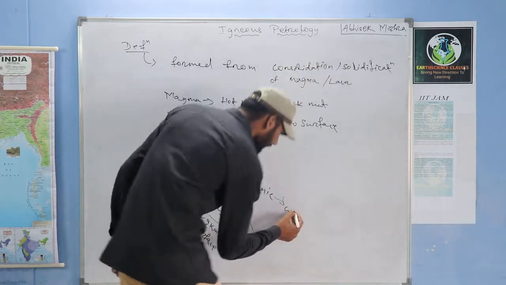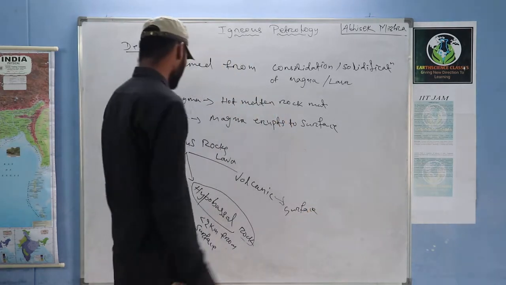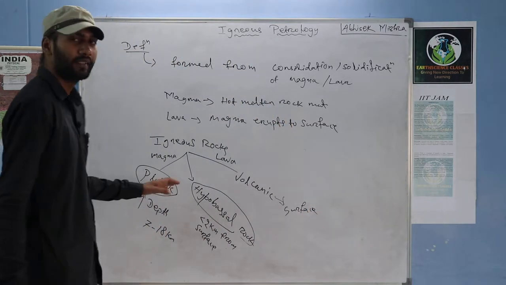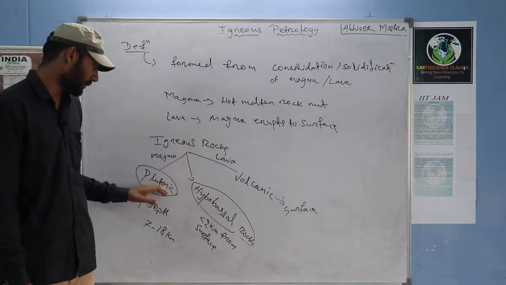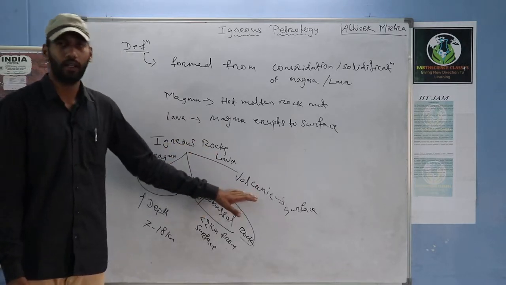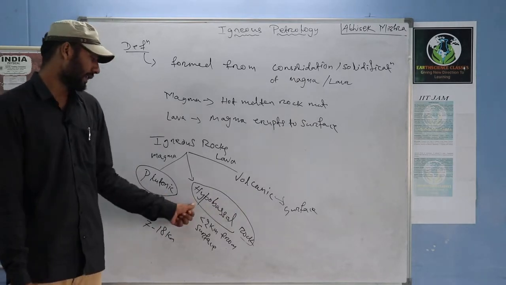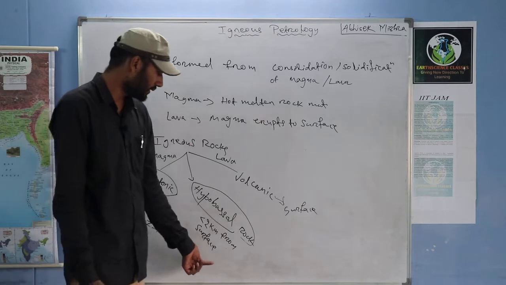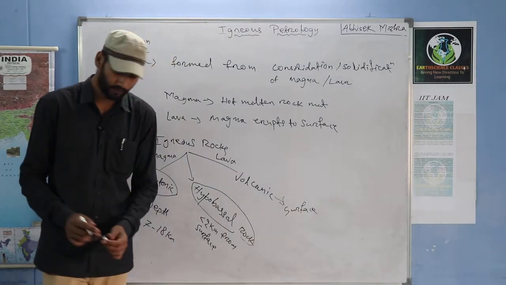Okay, they are formed at the surface. So we can divide the igneous rock into three broad classifications: plutonic, hypabyssal and volcanic. Plutonic means much deeper. Hypabyssal means near surface, volcanic means above surface. Okay.